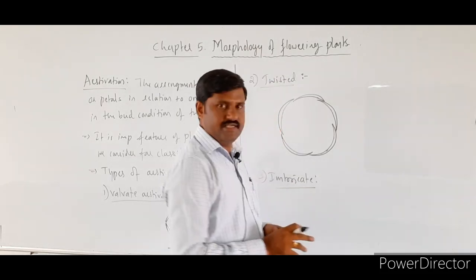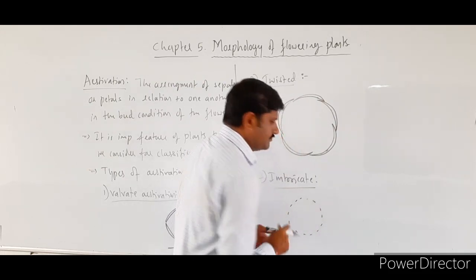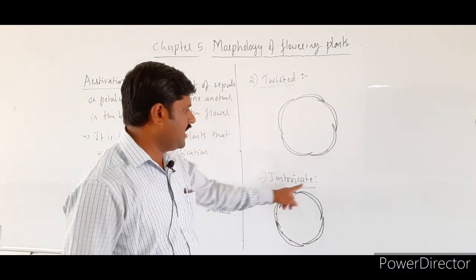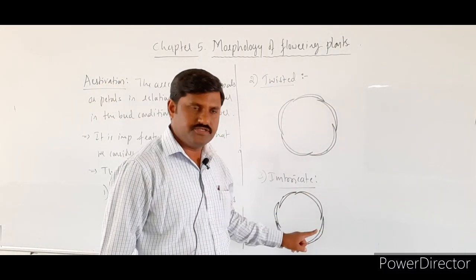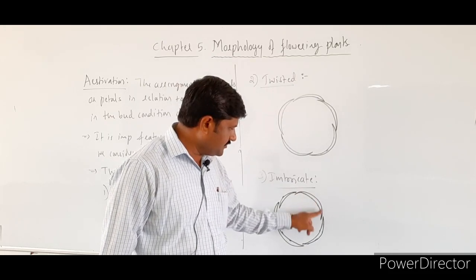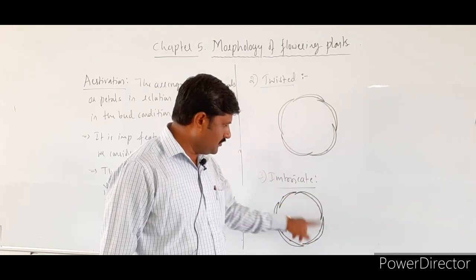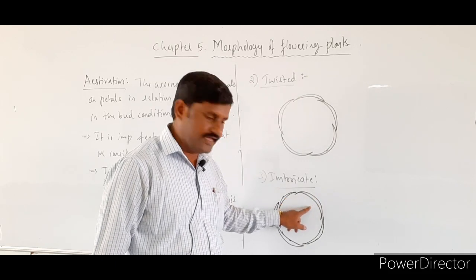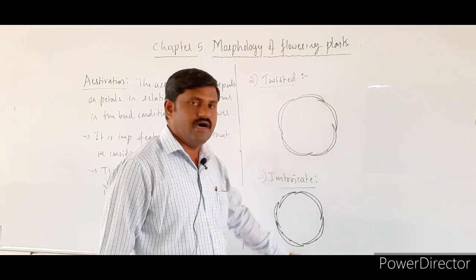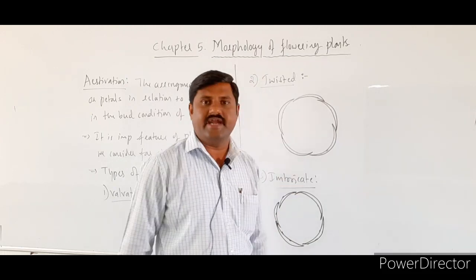Here I shall draw imbricate estivation. This is nothing but imbricate estivation, in which one of the sepals or petals remains inside, one of them remains external, and the remaining ones overlap on each other. The condition is said to be imbricate estivation.